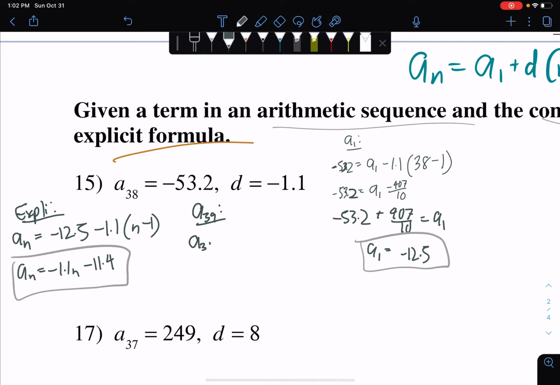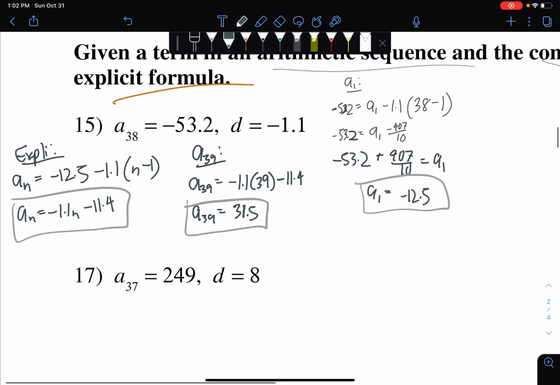Okay, to find a sub 39, it's equivalent to negative 1.1 times 39 minus 11.4. Put the entire expression in the calculator. Then our answer would be negative 31.5. Now, this time I'm basing our final answers in decimals.